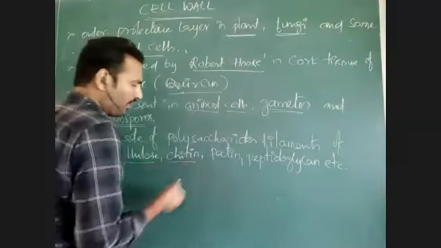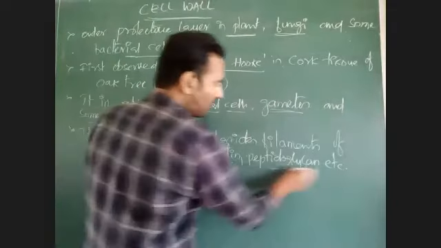Cellulose is a carbohydrate which is a polysaccharide. Chitin, pectin, peptidoglycan are all like this.